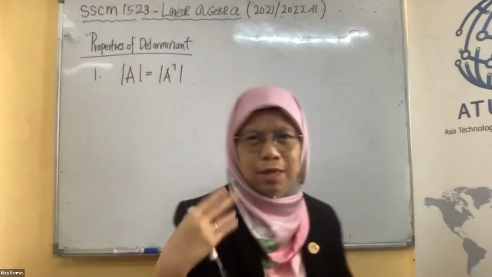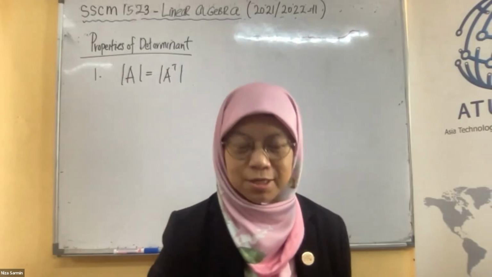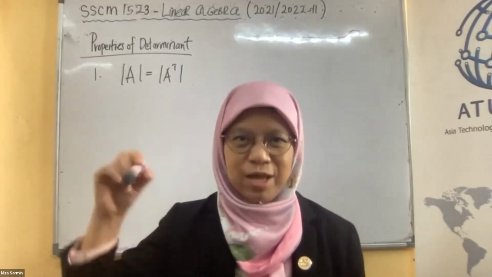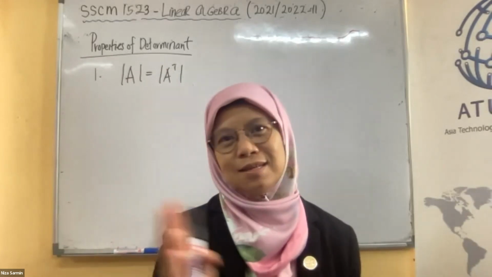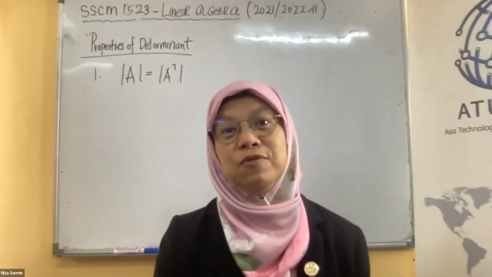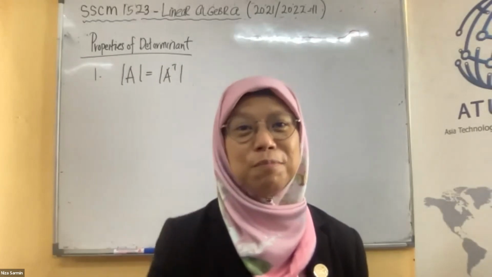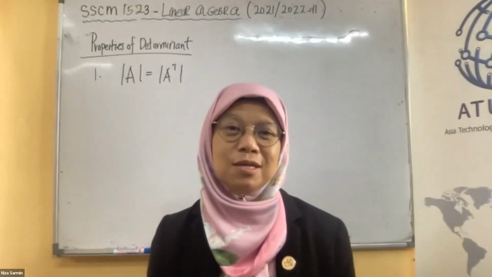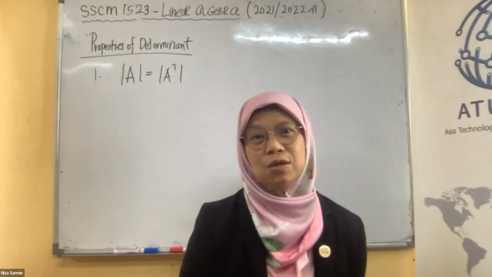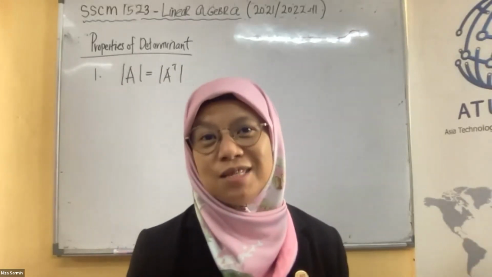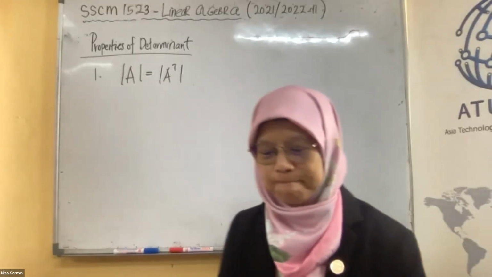Then you have to think why. Because if you take the determinant by row or by column, you will get the same answer, right? A and its transpose differ only in that rows become columns and columns become rows. The cofactor expansion for finding the determinant is just choosing any row or any column, so you will get the same answer.